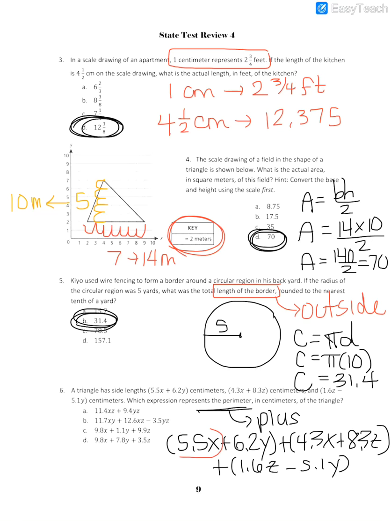I have a 5.5 and a 4.3, so I'm going to go ahead and add those. 5.5 plus 4.3, that's 9.8. So I can already cross off A and B. They don't have the 9.8x that I wanted.